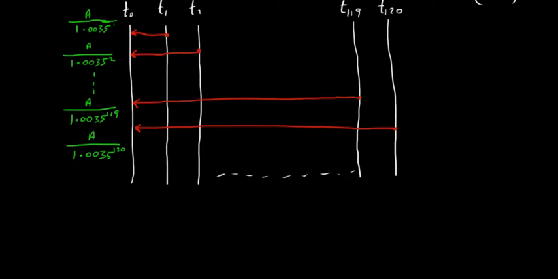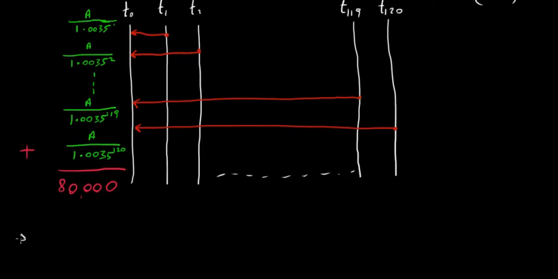But if you add all of these amounts up, you will get the loan amount, which is 80,000. So this is the equation we're going to write down. We're adding all of these amounts up here. We should get 80,000. So let's do that down here.